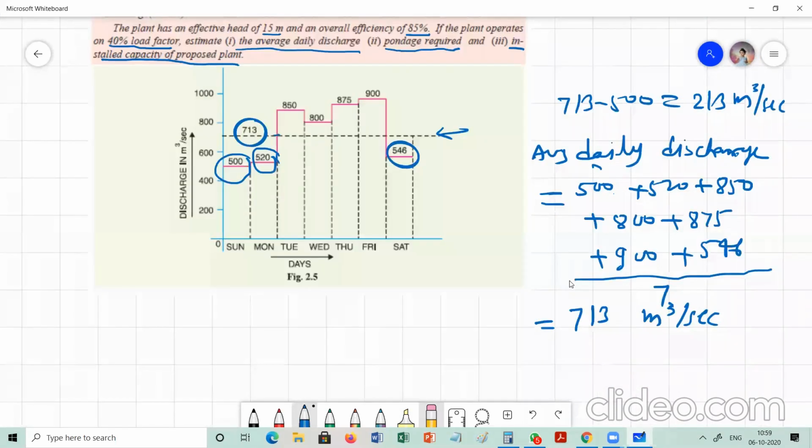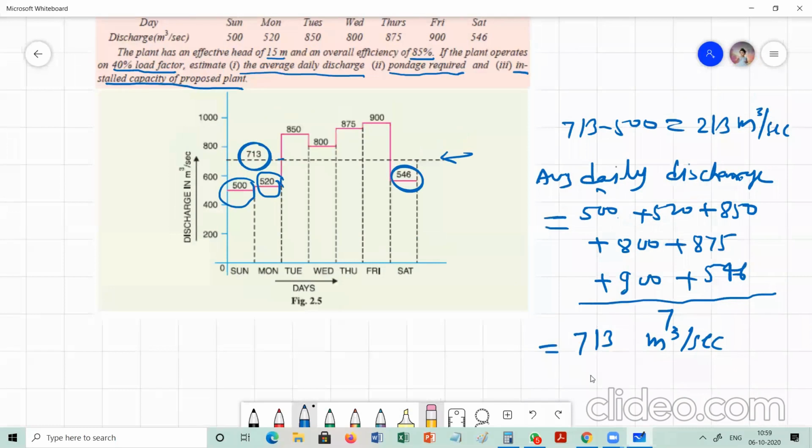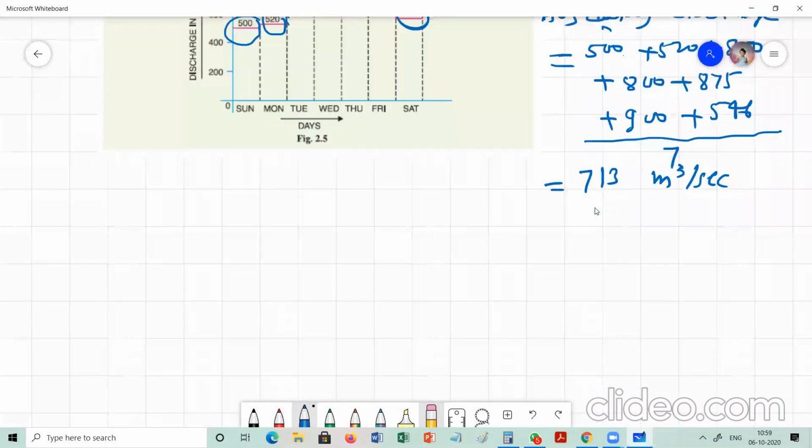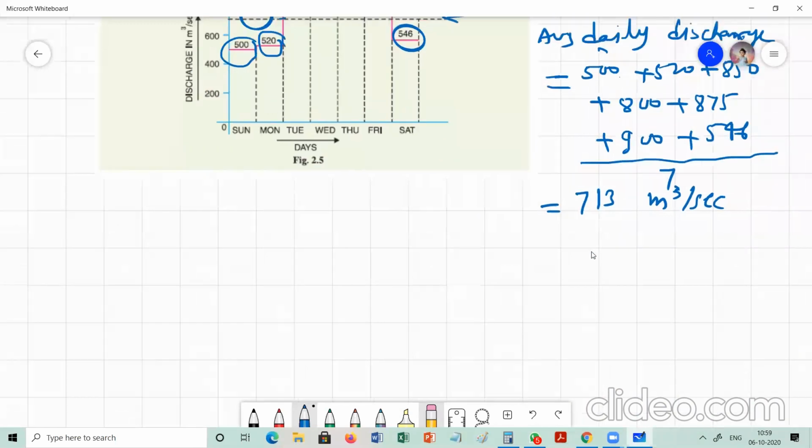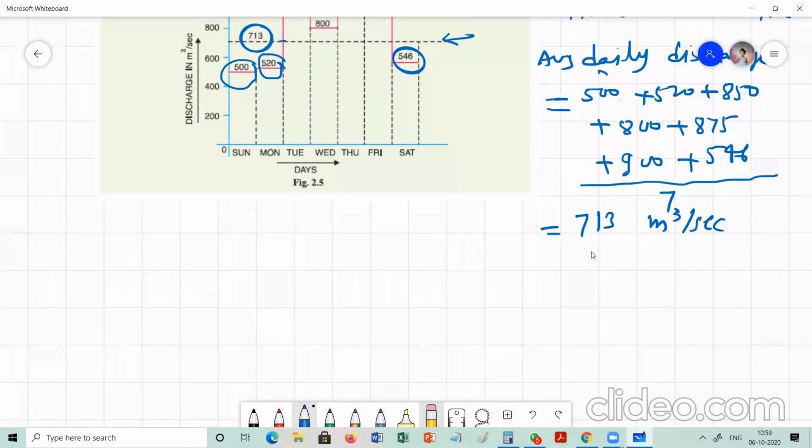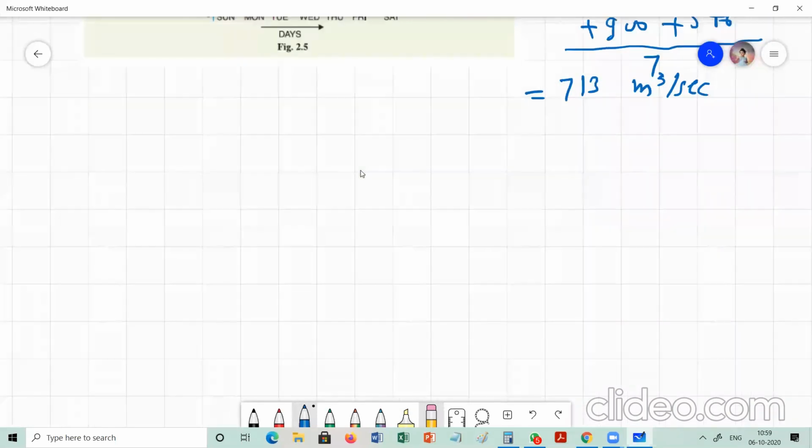In the second part, they have asked for the pondage required. It means what capacity of pondage is required to meet the scarcity of water on 3 days of the week, that is, on Sunday, Monday, and Saturday. On these days, the water level is less than the average, which means less than 713.